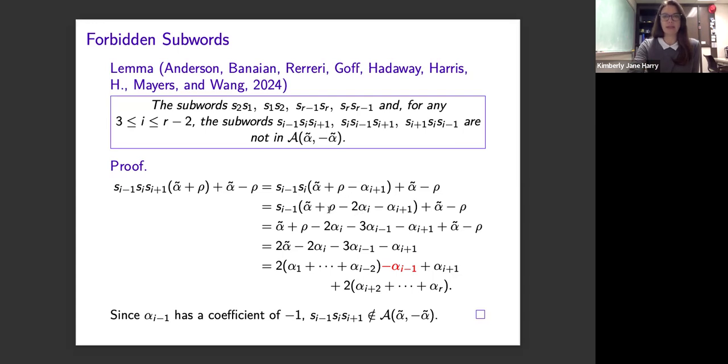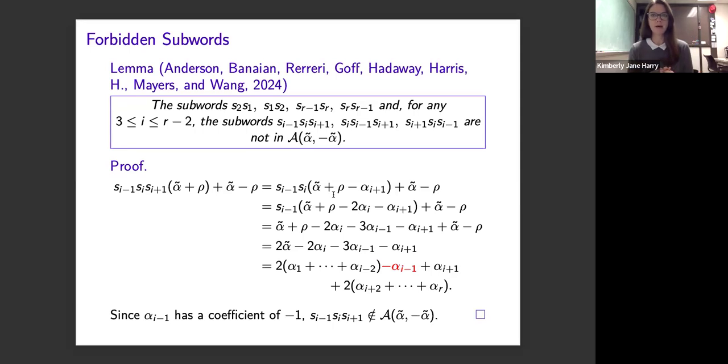We're always subtracting. If I'm taking my s sub i and applying it to rho, then I know I'm getting a negative alpha i. I'm not 100% sure because I'm only looking at type A, but I'm assuming in type B, rho plays a bit more of a role.